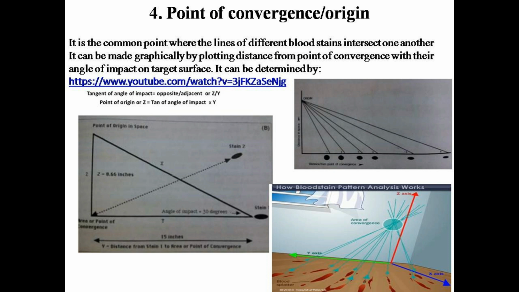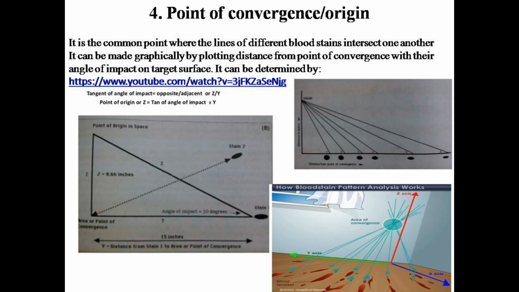So there is a common point on a two-dimensional surface from which the direction of several blood stains can be retraced. It can be done by drawing a line from different blood stains, and a point of convergence can be found out wherever all these lines are intersecting.